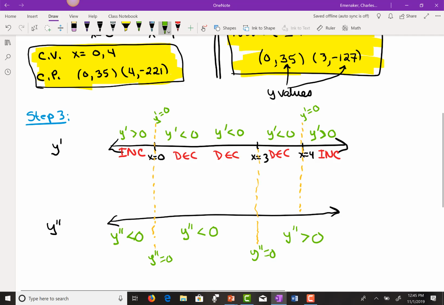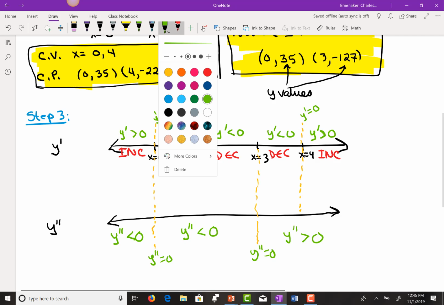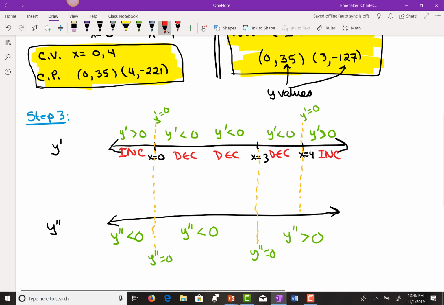Okay, so with that taken care of, let's come back and talk about concavity. We have information here now about concavity. On the leftmost interval, concave up or concave down? Concave down. Then we have this interval here.